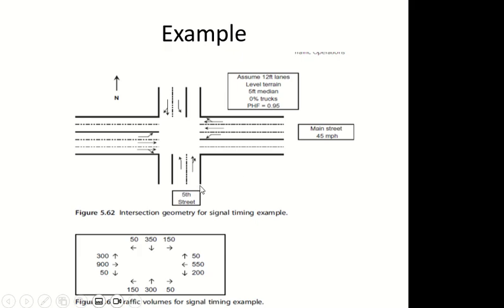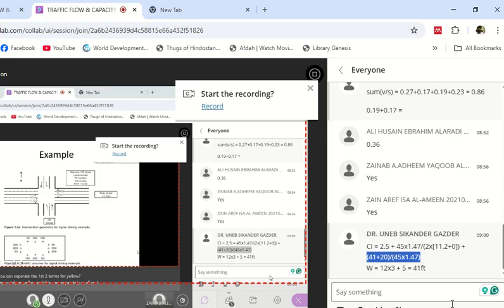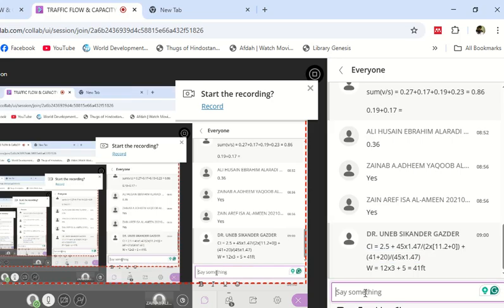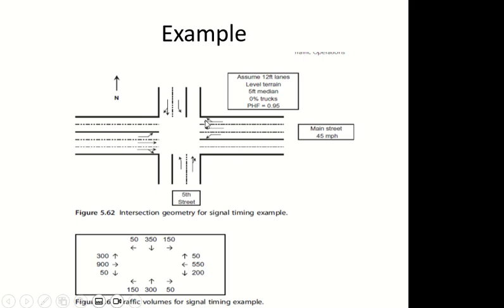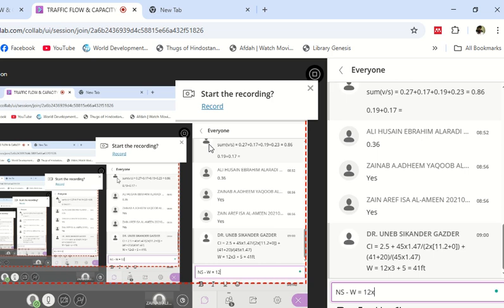If you are calculating the width for north-south, how many lanes do I have? 3 here and 2 here, so 5 lanes. So 12 times 5 plus the median, which is 65 feet.